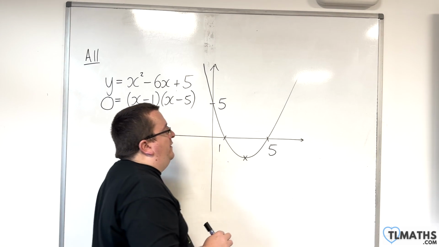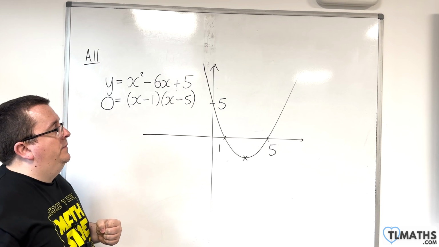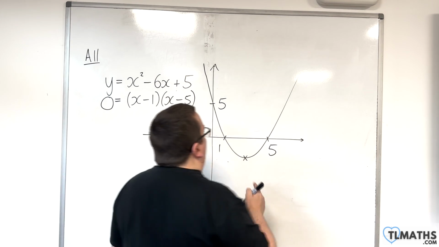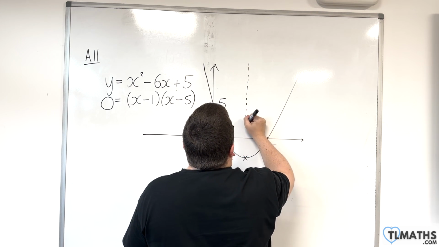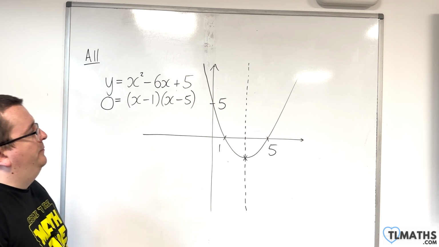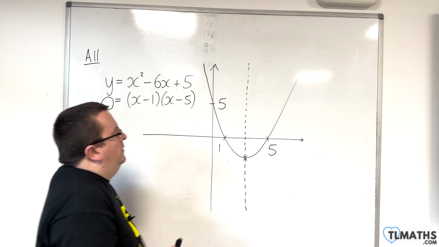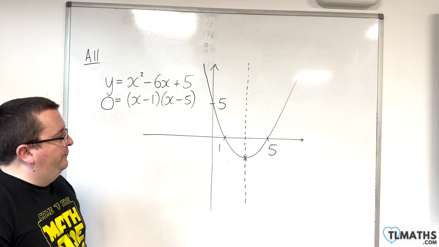And we'd be interested to know what the coordinates of that point are. Now, we have learnt that parabolas have a line of symmetry. Here it is. Now, could I work out what the equation of that line of symmetry is?